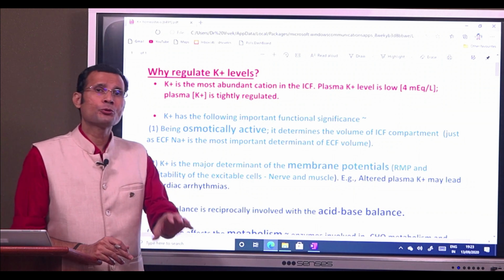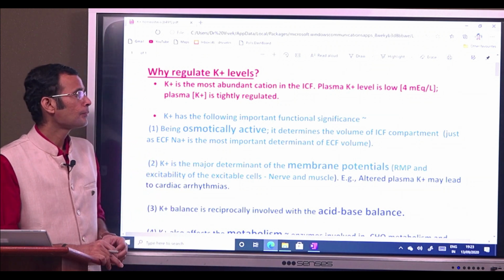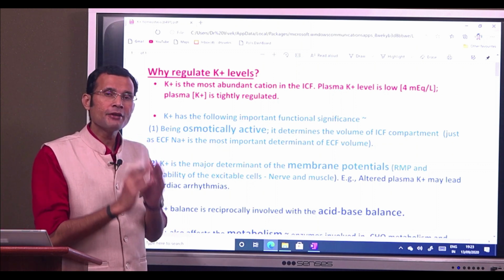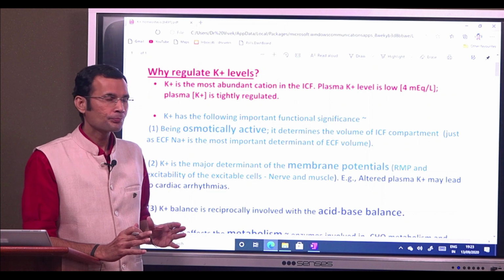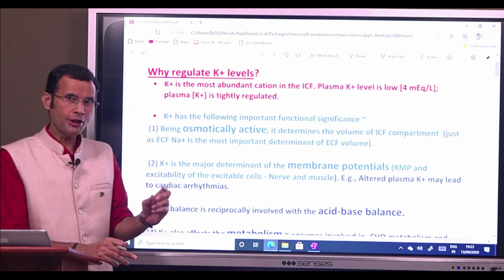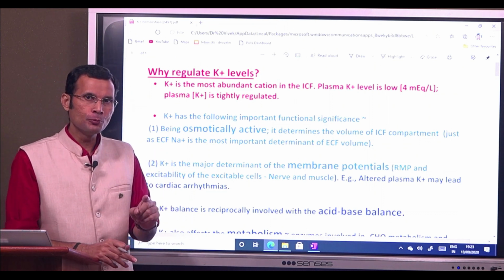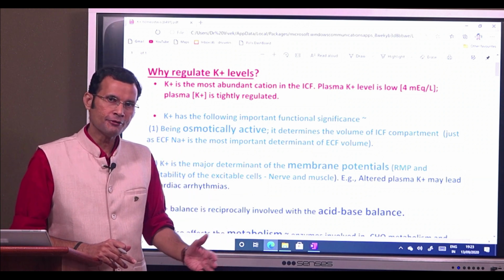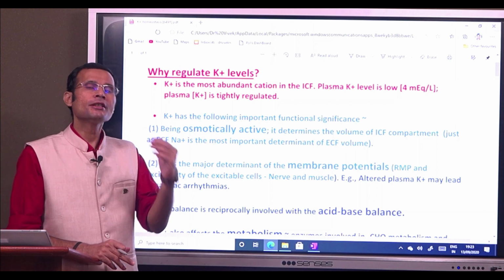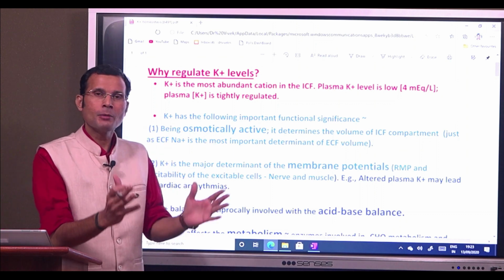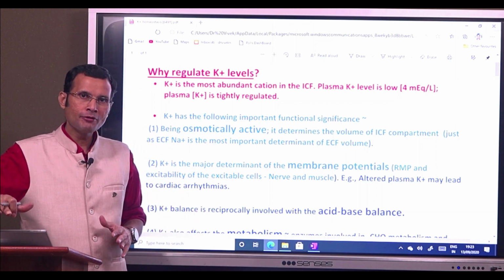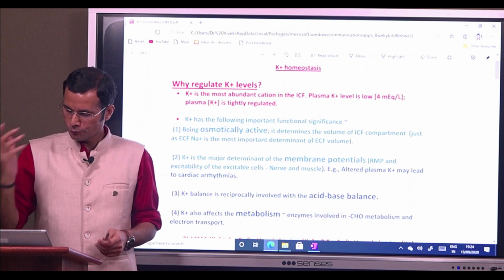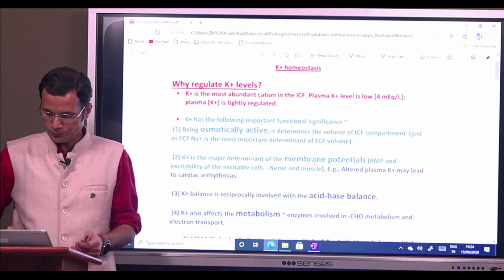Maybe not as much as sodium, but it is active osmotically, and therefore potassium determines the volume of the ICF compartment as a whole, just as sodium determines the volume of the ECF compartment. You know, sodium is more in the ECF, and blood volume, ECF volume, that compartment is determined by the sodium levels. Potassium determines the volume of the ICF compartment.